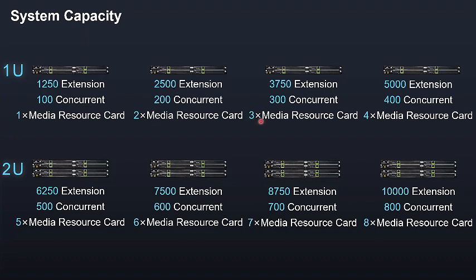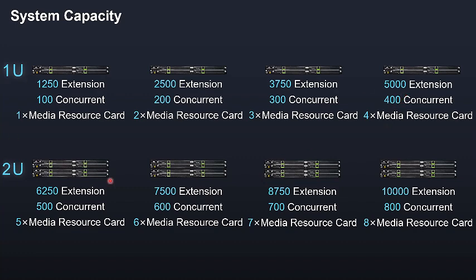Then we have three media resource cards, capable of a maximum of 300 concurrent calls and 3,750 IP extensions. And if you have four media resource cards, it is able to support up to 400 maximum concurrent calls and 5,000 extensions.